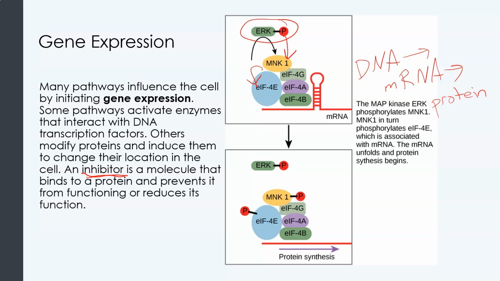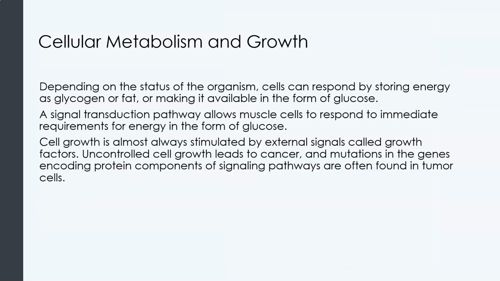So basically, the job of messenger RNA is protein synthesis. And it shows you here the phosphorylation of MNK1 and then the phosphorylation of ELF4E, and that initiates protein synthesis in the messenger RNA. Cellular metabolism and growth.